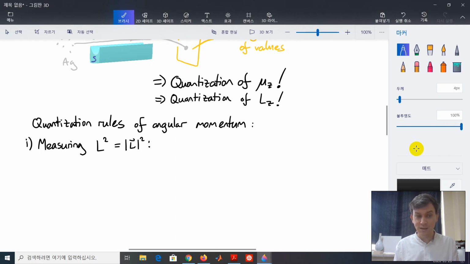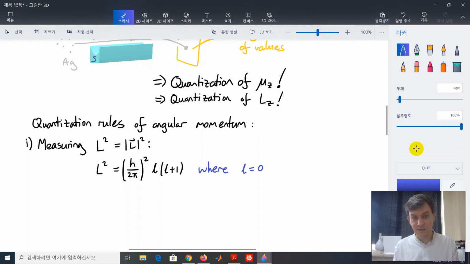What you find is that it will take values L squared equal to h divided by 2 pi, where h again is Planck's constant, you see it everywhere in quantum mechanics, h divided by 2 pi squared times a number L times the same number L plus 1. This is true where L can be an integer or half an integer, positive: 0, a half, 1, 3 halves, 2, and so on up to infinity.